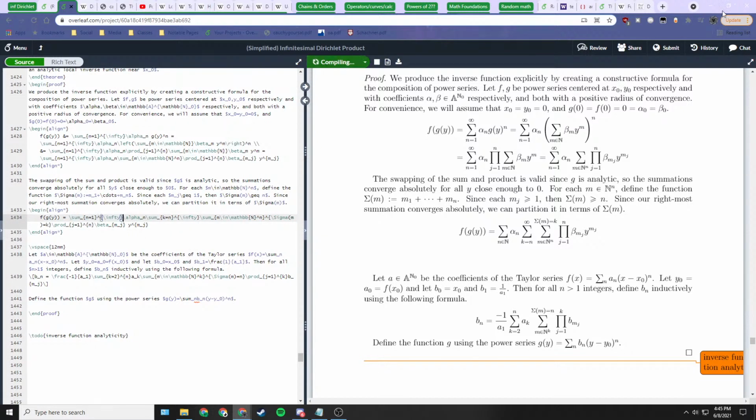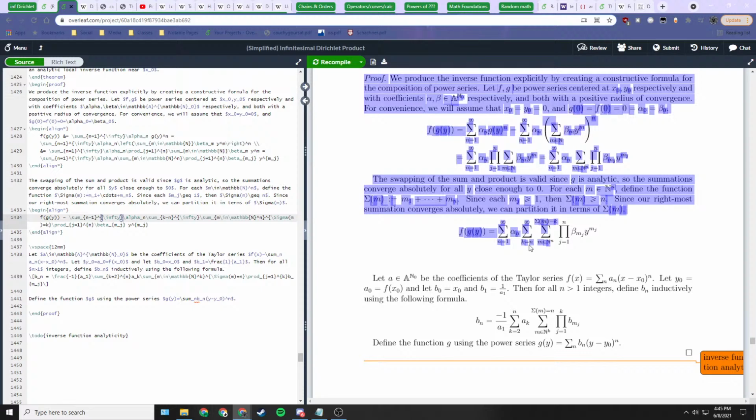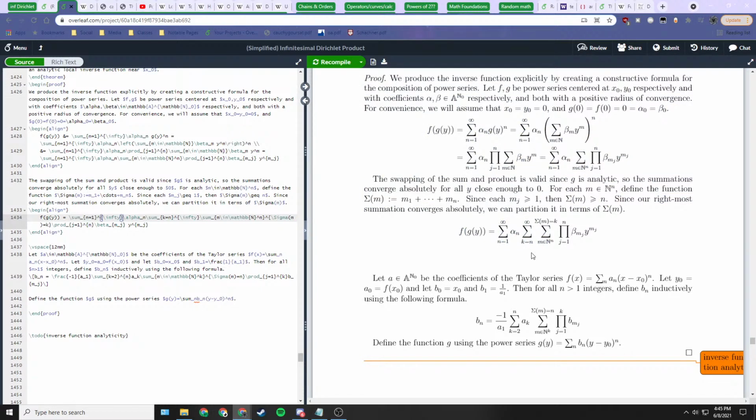Okay, so we've done the composition, we've permuted the sum and the product, we've then partitioned this sum into what each of these vectors add up to.